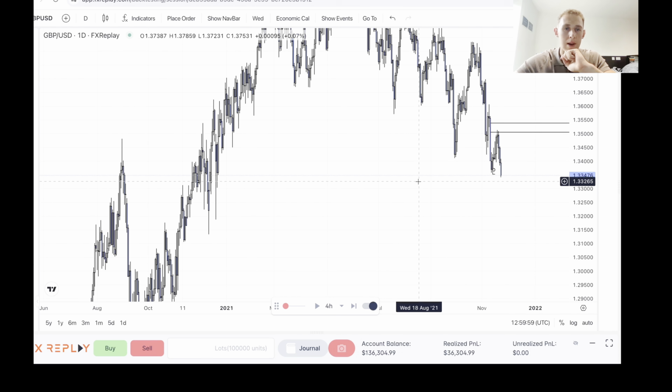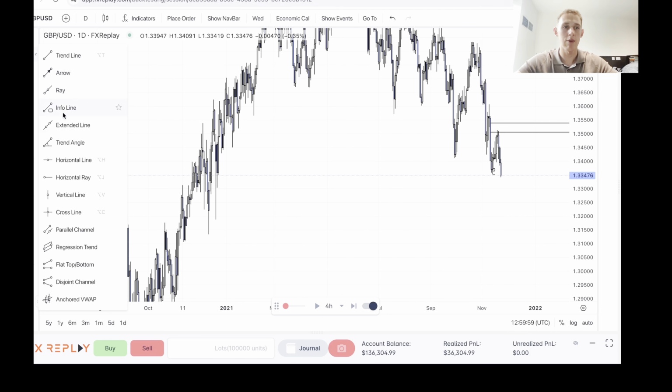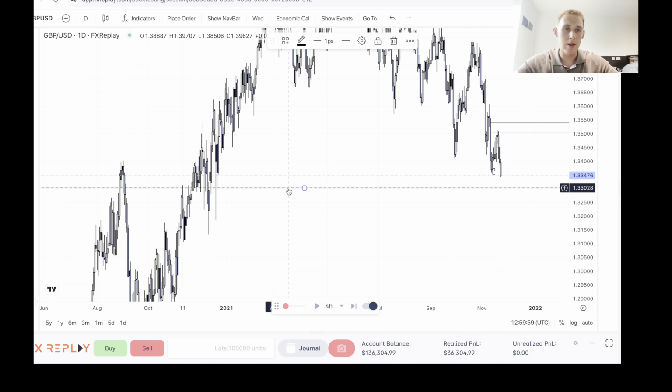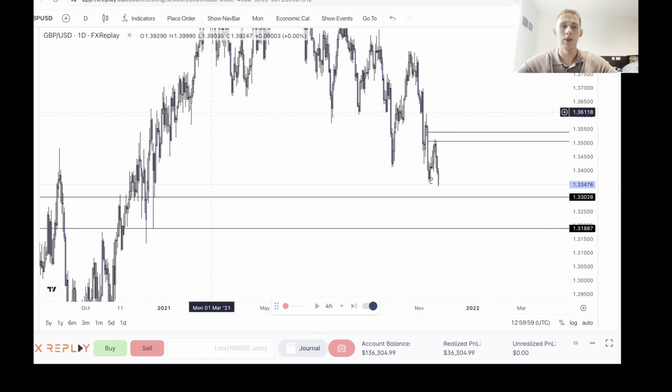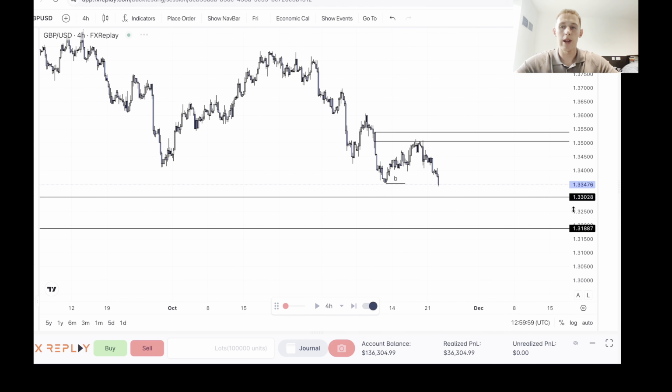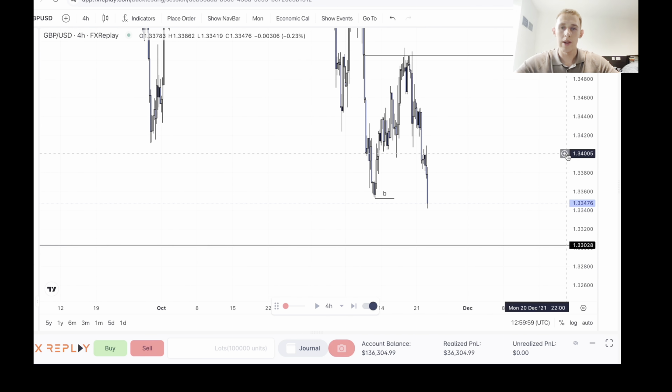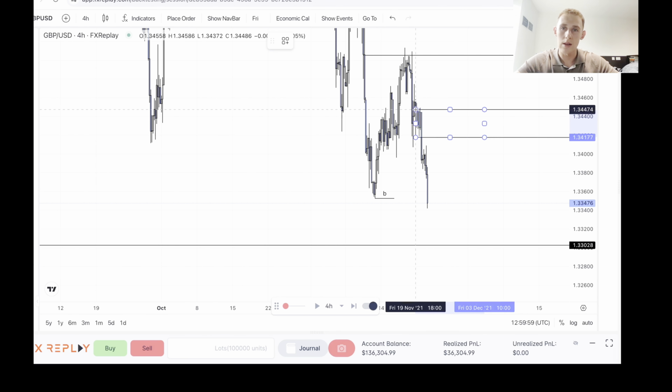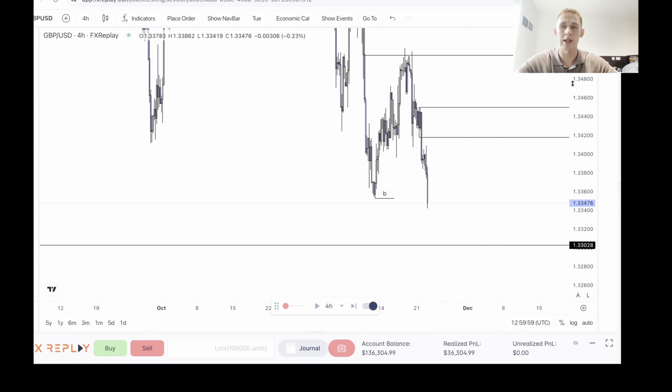Price is approaching some areas of liquidity though that we could see it react from. We have this low, and then next we have this low. So it'll be interesting to see if price reacts in those areas. For now though, the next sell POI would be this sort of region, which is the area of supply. We have some liquidity resting below it as well.